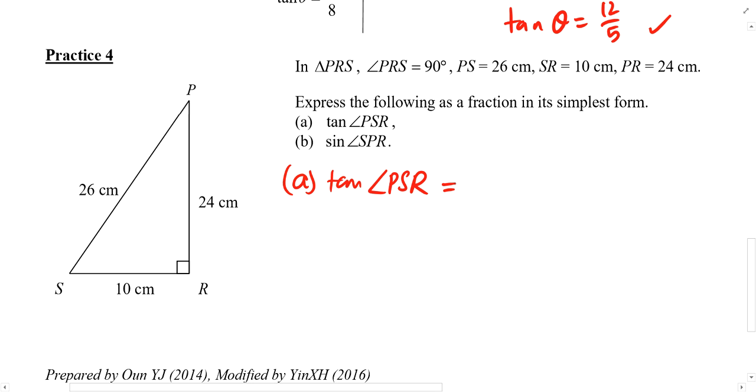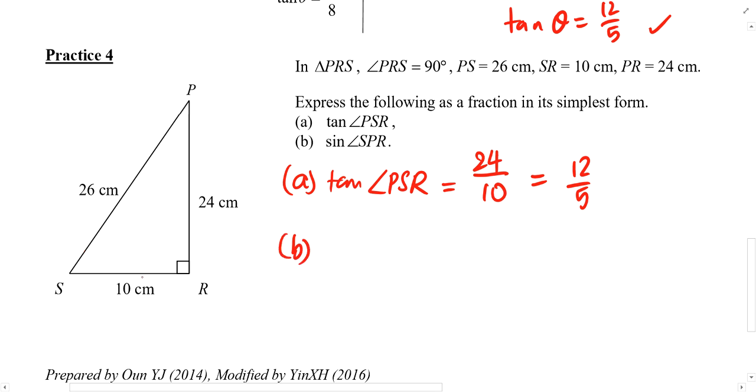Which side over which side? Tangent is opposite over adjacent. Where is PSR? It is over here. What is the opposite side? 24 over 10, simplified to become 12 over 5.